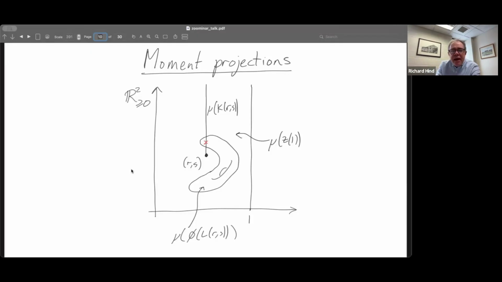K is the pre-image of the vertical line going up from RS. I don't know what the moment image of the image of the product torus is, but the claim is that at some point it has to intersect K. So the way I've drawn it here, the moment image would have to intersect that vertical line. That's the claim.